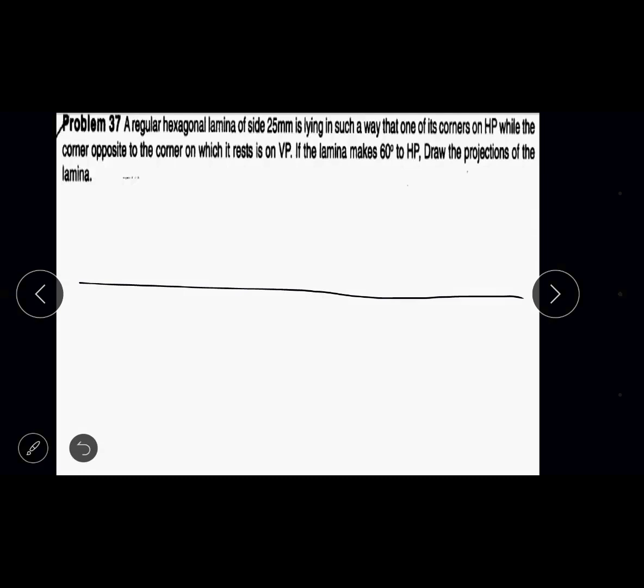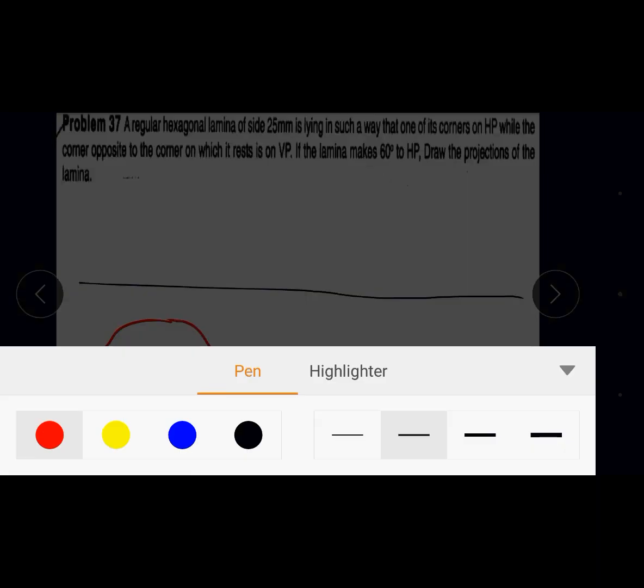To get corner resting, I'll just repeat it again. You have to consider a circle by taking the radius of the circle equal to the side of the hexagon. The side of the hexagon is 25 mm. So consider a circle with a radius of 25 mm. You will have the X line, the horizontal line, and the vertical line on this side.